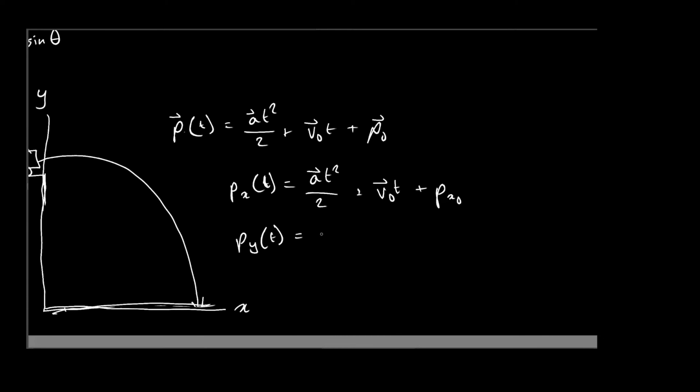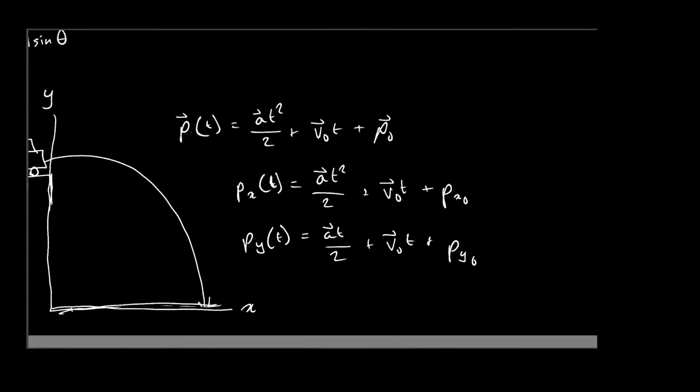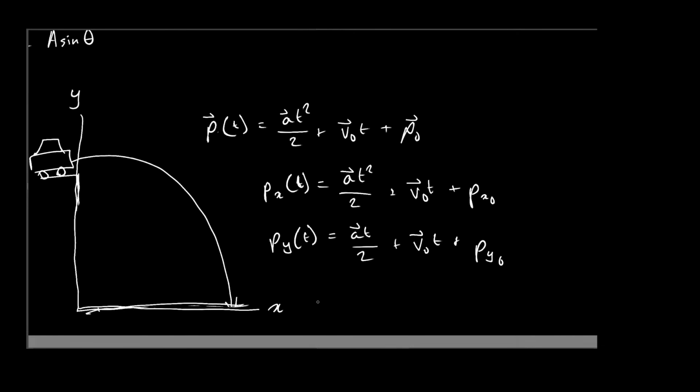It's the same thing, but with y wherever there is x in the previous one. Let's do this faster. There we go. Now we have two equations that will help us get to the answer to this problem, which in this case, let's make it the time at which it hits the ground.